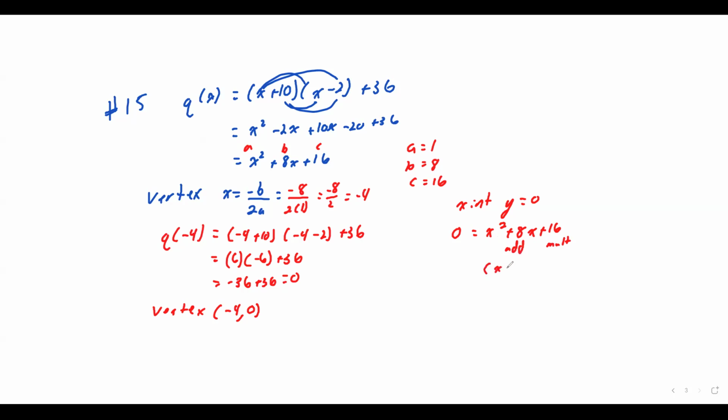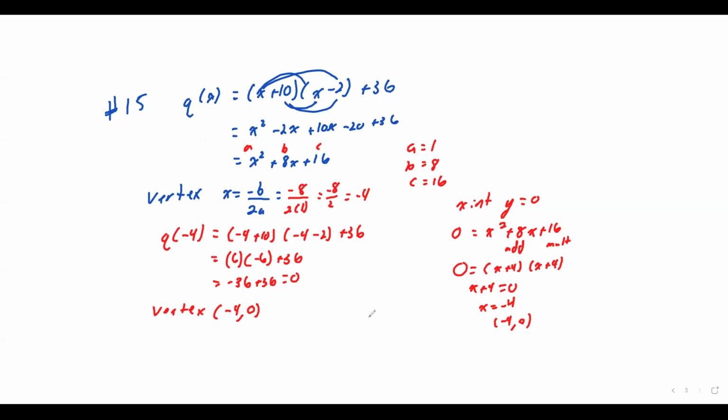So this would be (x + 4)(x + 4). You can check it: 4 times 4 is 16, 4x plus 4x is 8x. When I set these factors equal to 0, I only need to do one of them since they're both the same. So I get x equals negative 4. So your x-intercept, as a coordinate on your homework, is negative 4 comma 0. It ends up being the vertex and the x-intercept.